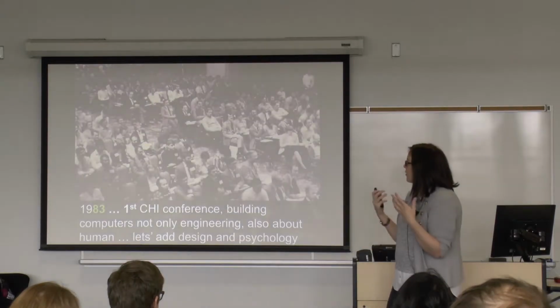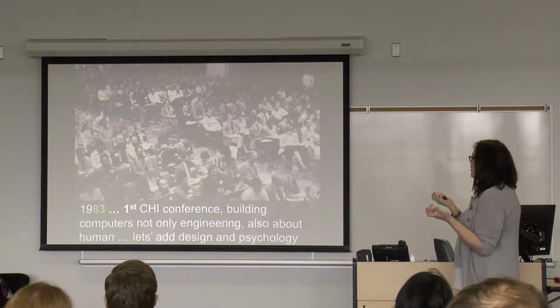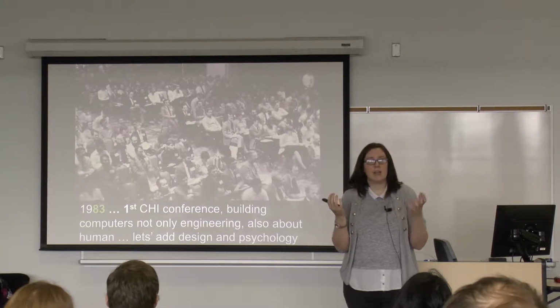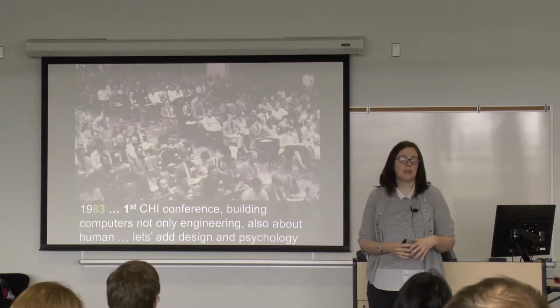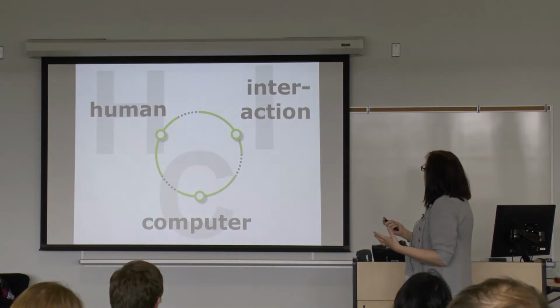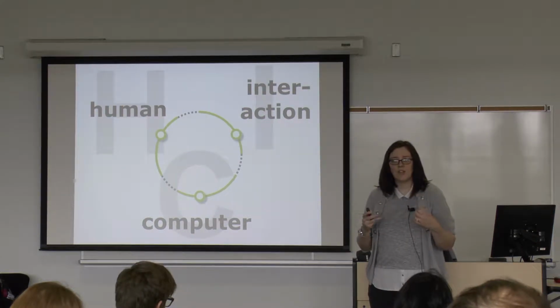And this is how the field of HCI started. This is a picture of the first CHI conference in '83, where people realized that to build efficient computers, we don't just need computer science, we also need experimental psychology and design.